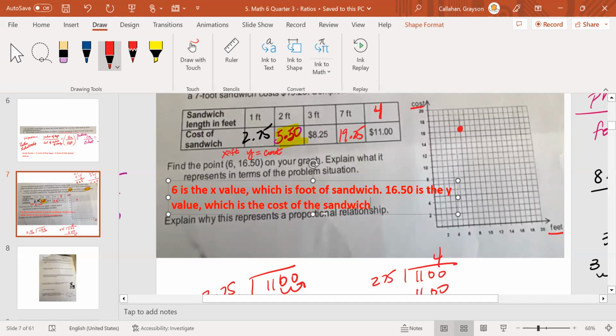Okay. 6, 16.50 means a 6-foot sandwich costs what? $16.50.